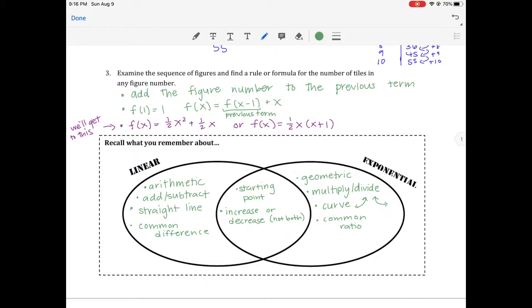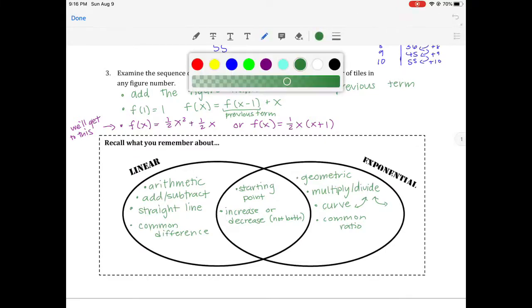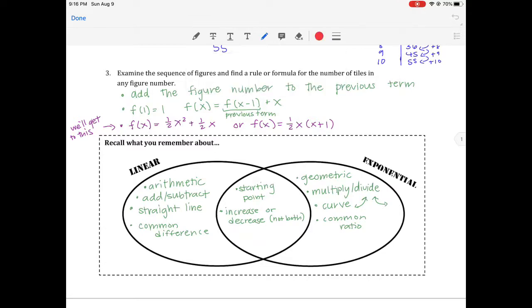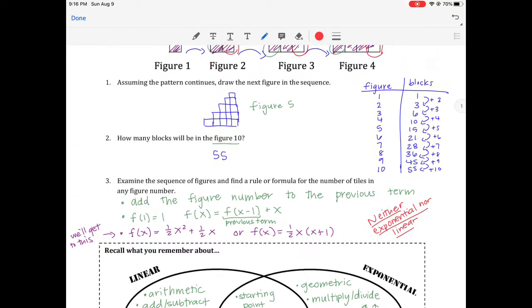What we just did above here, this is neither exponential nor linear. Okay, so that's going to become important. I'll give you one thing to look for as you think about this one.